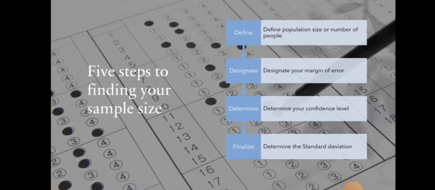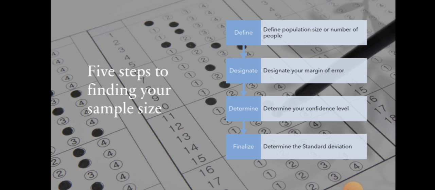The third is confidence level, and standard deviations. These are the variables used to determine our sample size in a research survey. We will describe how these factors affect our sample size.